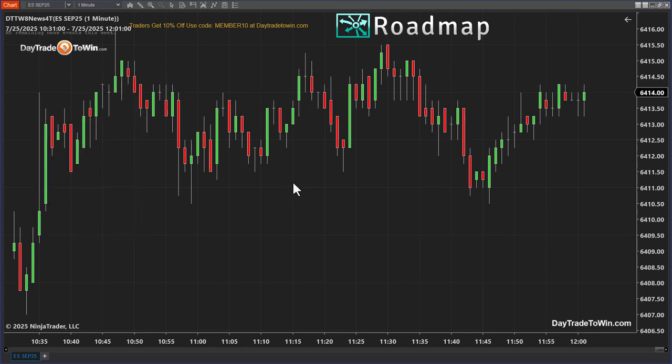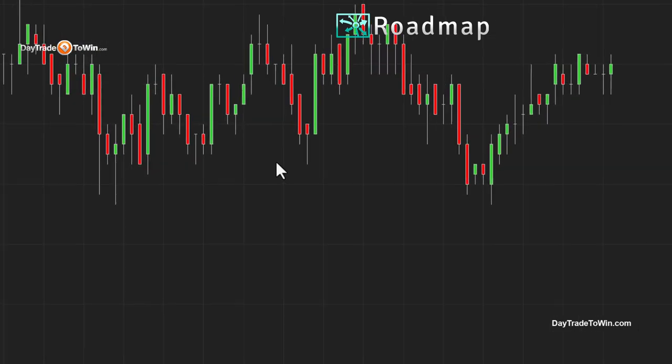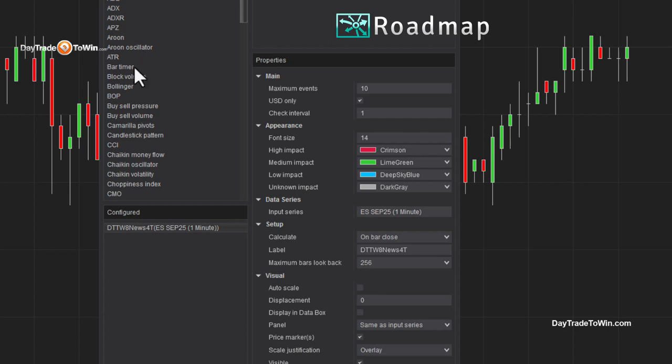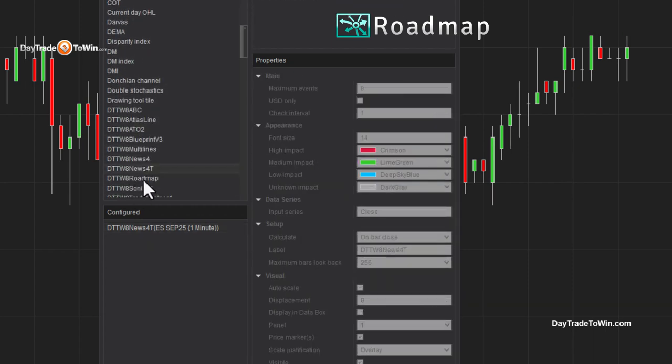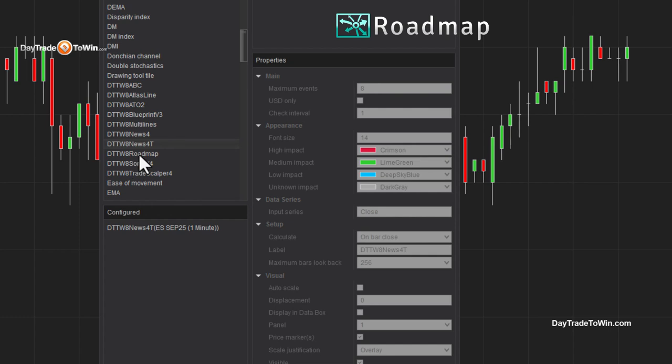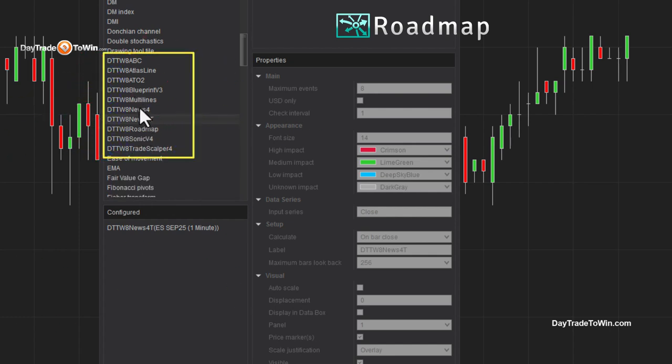Let me add here the roadmap to my chart. You can see that it does not give you any type of different settings that you have to adjust. It automatically adjusts. So if you have the DayTradeToWin suite of indicators, whether it be the At the Open or the Blueprint or the Trade Scalper, I'm going to choose here the roadmap just above the Sonic.